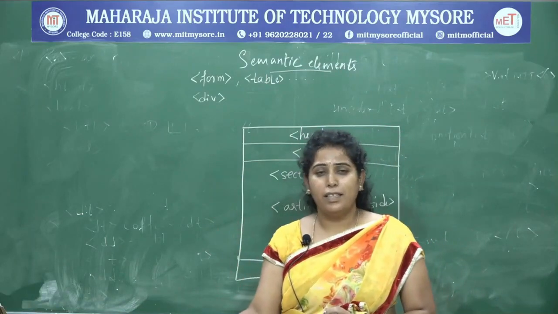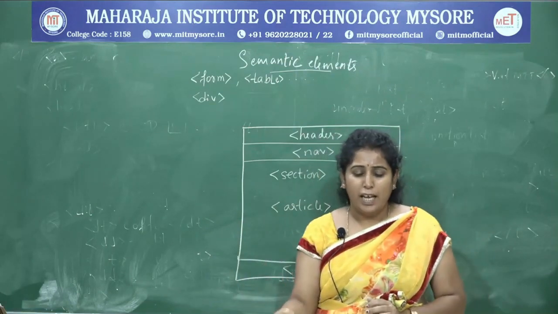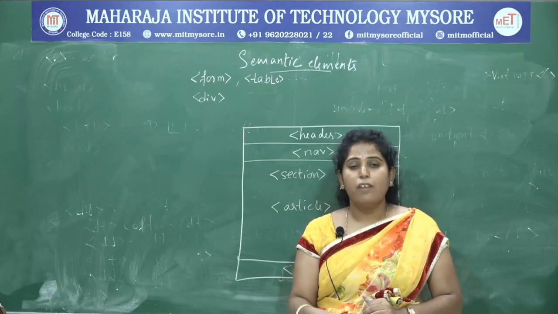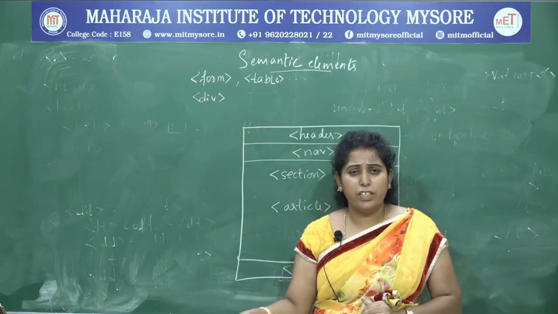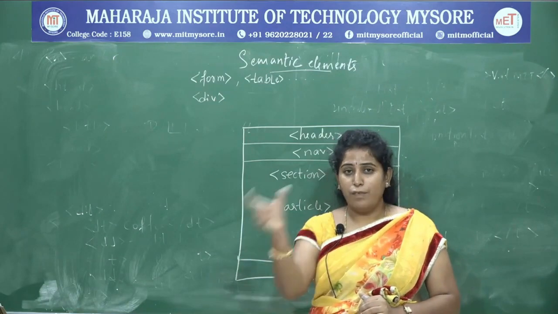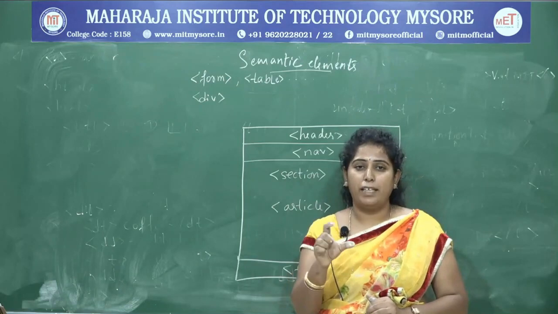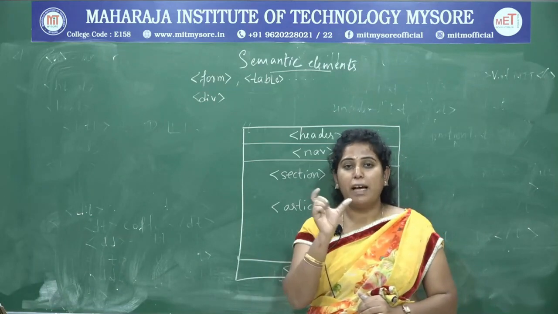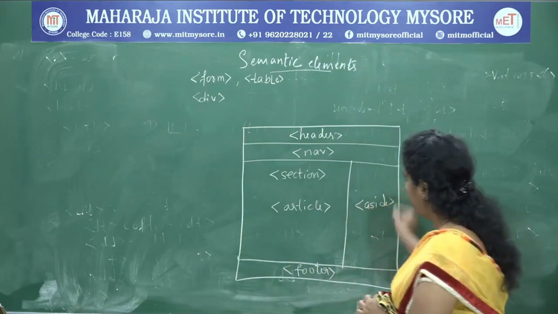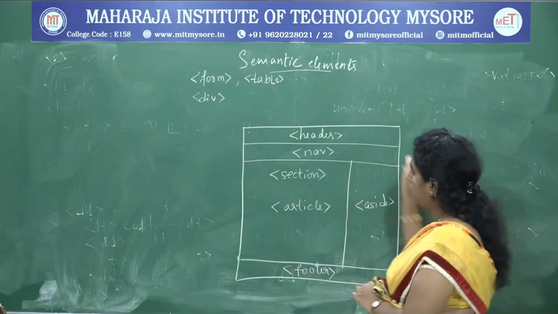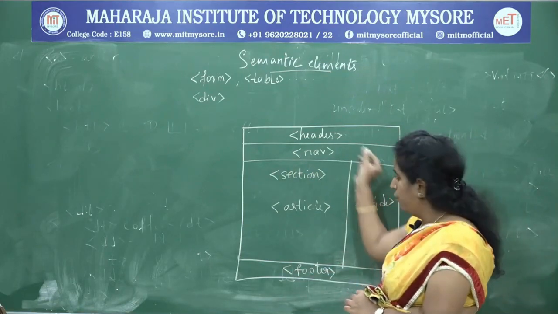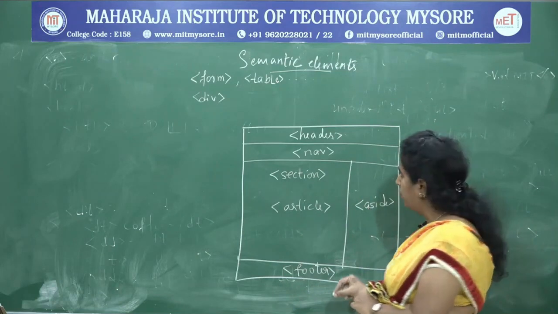In the sidebar it is printing some data, and also in the end of the document I can call it as a footer where certain different informations are printed. Is it right? So a web page has been formatted by using some semantic structure. So how that structure has been formed in this way. See, assume this is a window for web page.